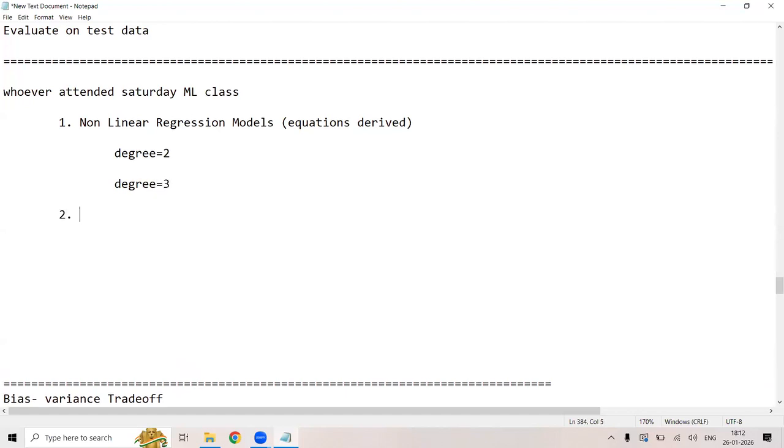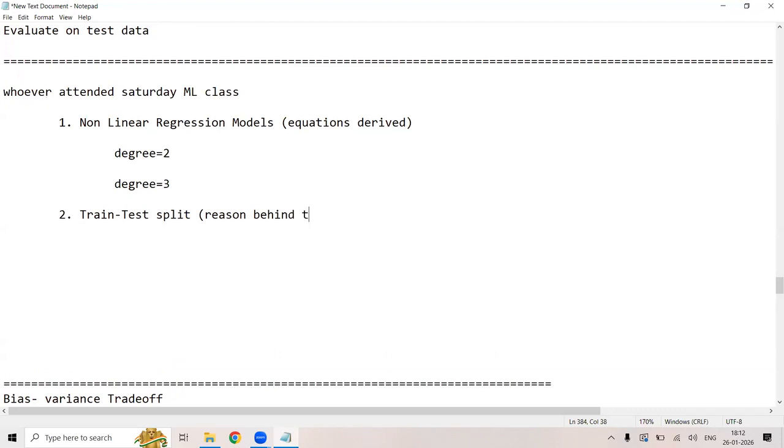Second, we also covered in Saturday's ML class train test split, the reason for train test split, and how much percentage of data has to be split, whether randomly or in sequential order. For random data, we split randomly. For sequential order, we split sequentially, and the reason behind this, why. This is an interview question.